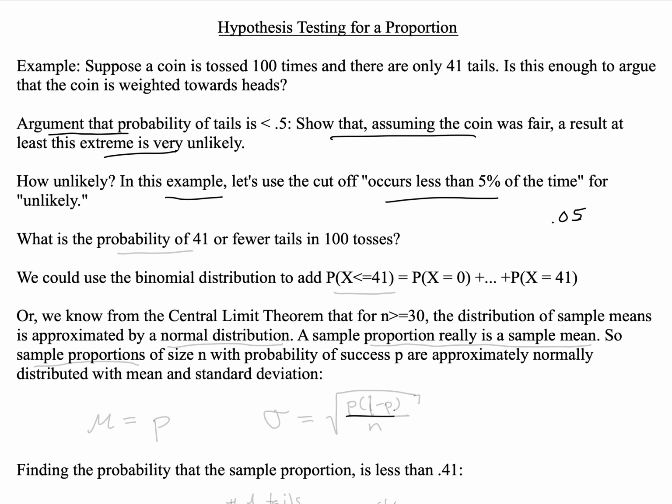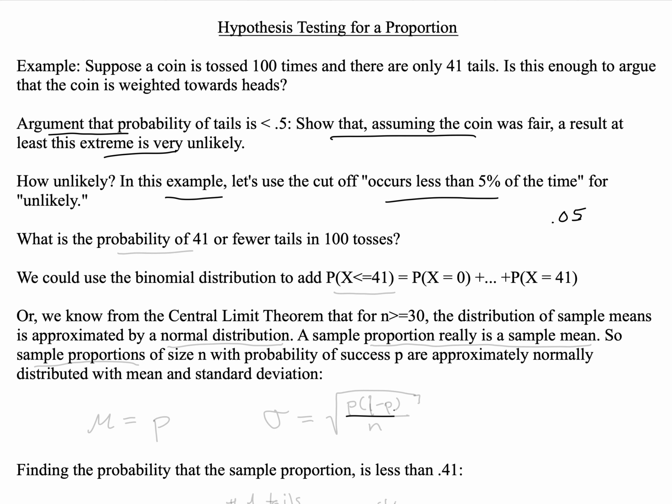In hypothesis testing, we assume the null hypothesis is true. That's what we did above. We found this probability based on the assumption that the true proportion for the coin was 0.5. We found the probability of 41 heads or fewer, of a sample proportion of 0.41 or less, based on assuming that this null hypothesis was true.